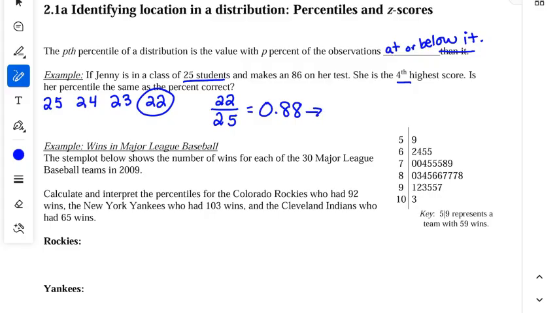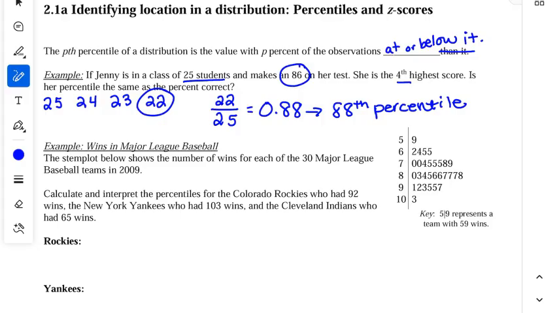So we do 22 out of 25, which is 0.88. And that is the 88th percentile. So what this means is Jenny's score was higher than 88% of students who also took the test.